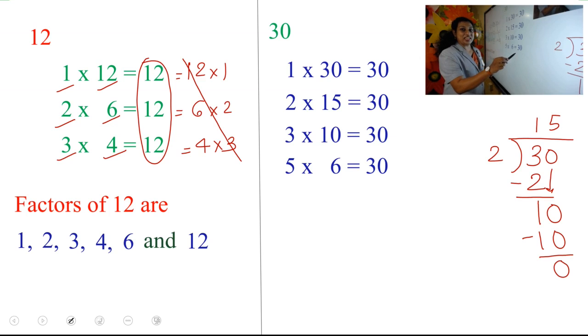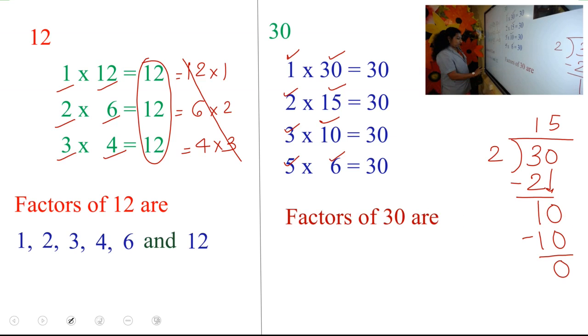6 into 5, 30. Table of 7, no 30 is there. 8, no 30. 9, we will not get 30 as the product. Then again 10 into 3, 30. So, the numbers which we multiply, these numbers 1, 2, 3, 5, 6, 10, 15 and 30 are called the factors of 30.